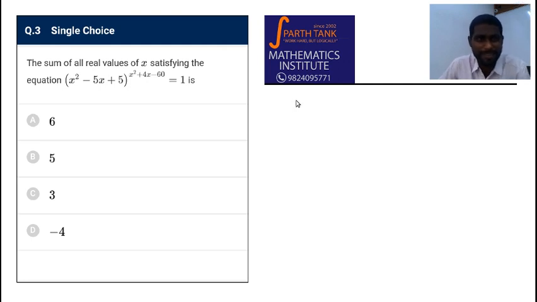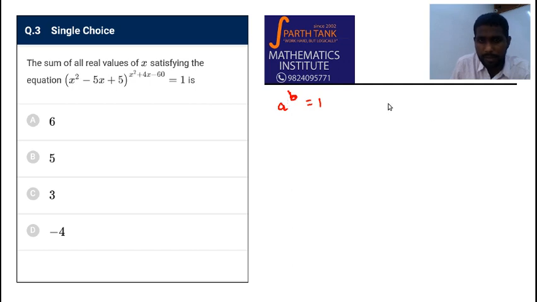A bit interesting. The sum of all real values of x satisfying the equation (x squared minus 5x plus 5) raised to (x squared plus 4x minus 60) is 0 is. Now let us see here. When will a to the power b equal 1?